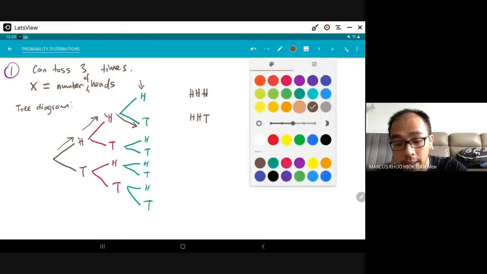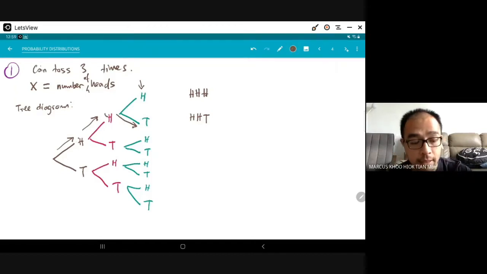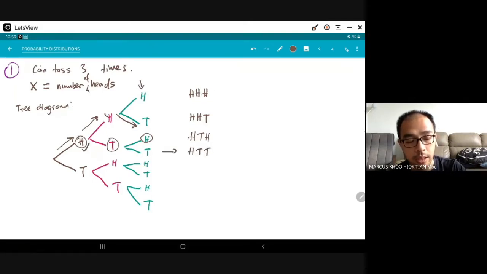Then you can proceed to do the rest. This is head, tail, head, and this one will be head, tail, tail, sebab dia H, T, and then T. And then we do the same for the rest. This will be tail, head, head, tail, head, tail, tail, tail, head, tail, tail, tail.